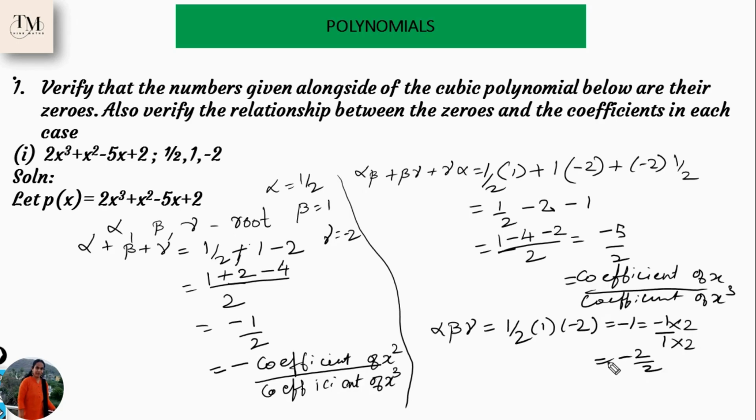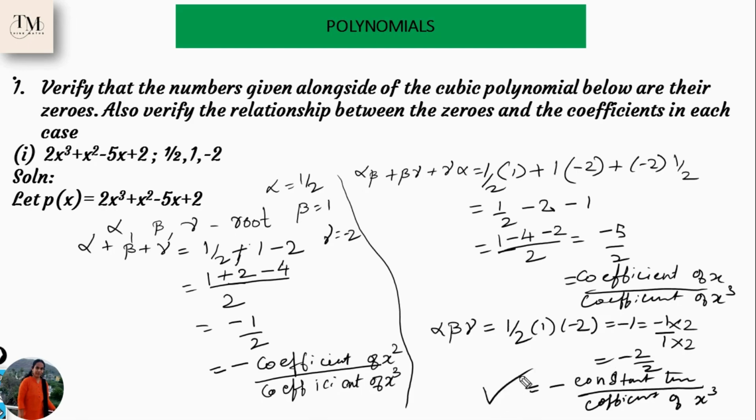So minus 2 is nothing but minus of 2, which is the constant term. So minus constant term divided by 2, which is nothing but coefficient of x cube. So we have proved the relationship between the zeros and coefficients.